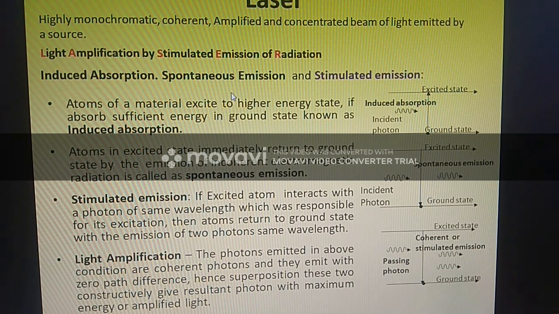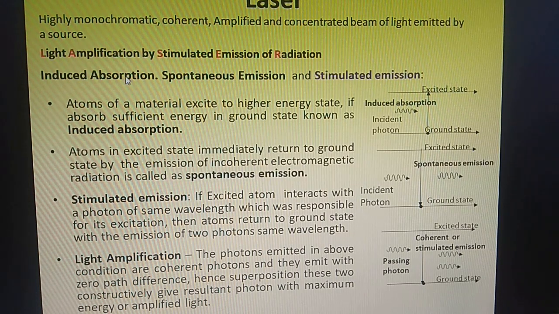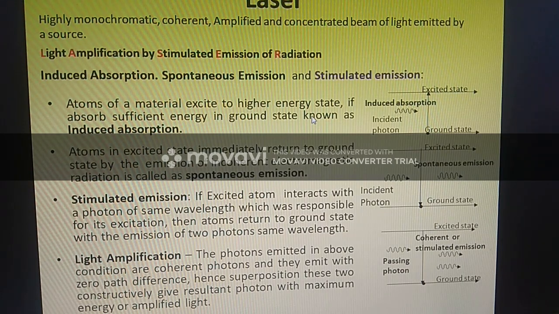So there are three processes that take place in any material during emission of light: induced absorption, spontaneous emission, and stimulated emission. Usually any material, whether solid, liquid, or gas, contains a ground state and an excited state.